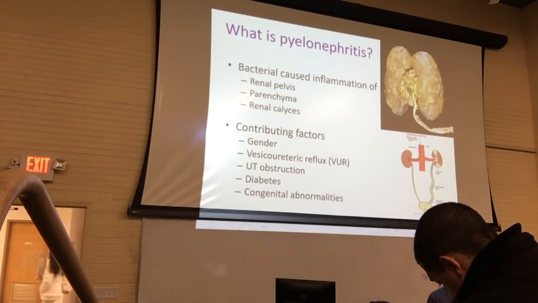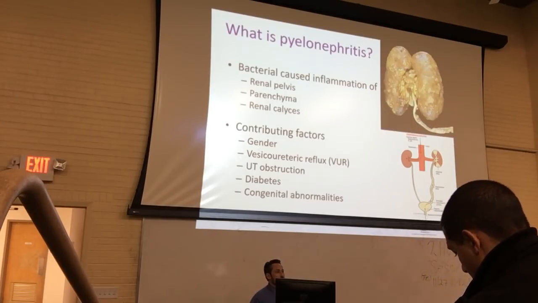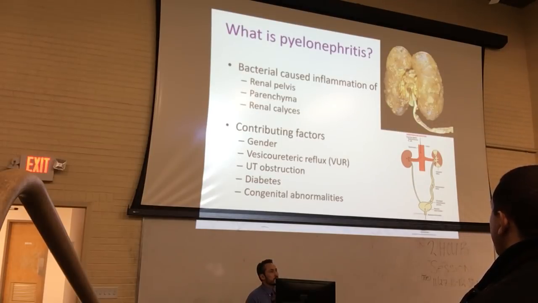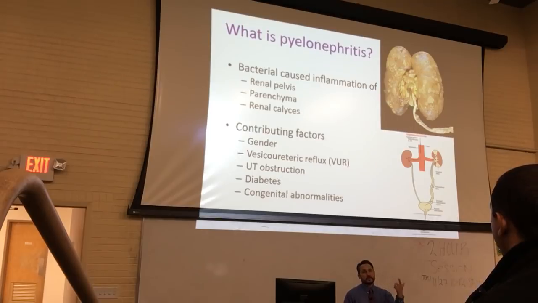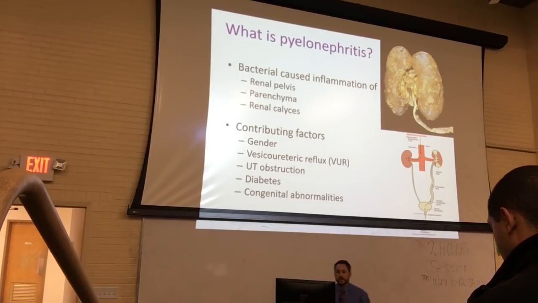It's the end game of a urinary tract infection. Females are more at risk because of the shorter urethra, and the region around the urethra can be more susceptible to bacterial contamination than in men.